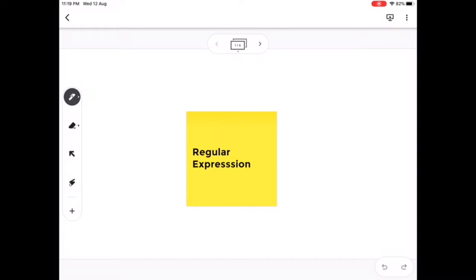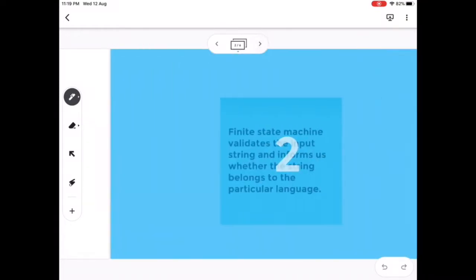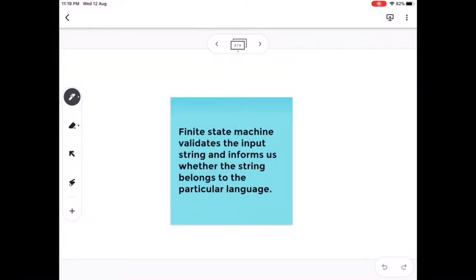Hello all of you. So today's topic is regular expression. Till now we have studied finite state machine, finite automata, deterministic finite automata, non-deterministic finite automata. In all these automata, what did we study? Some input was given to the finite state machine or finite automata, and that string was either accepted or rejected depending upon the pattern it was following, that is whether it belongs to that language or not.